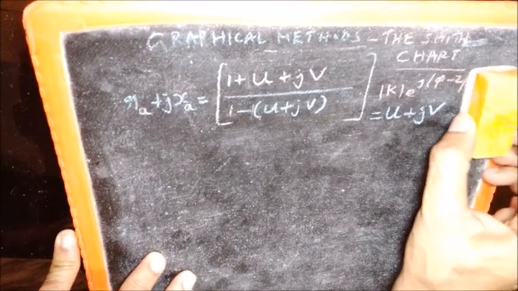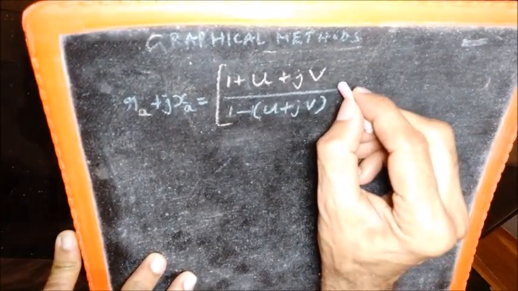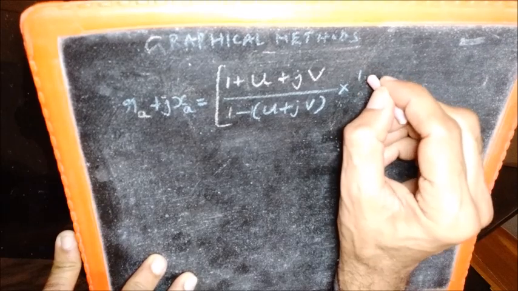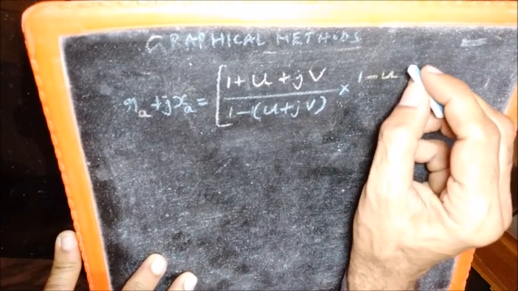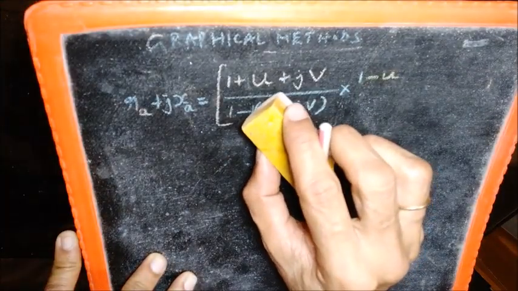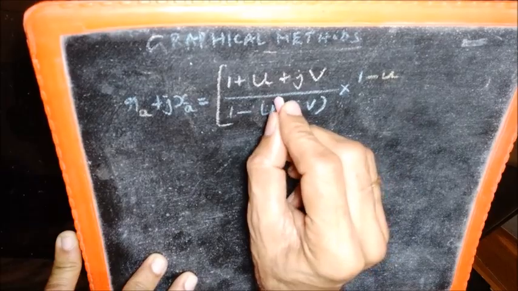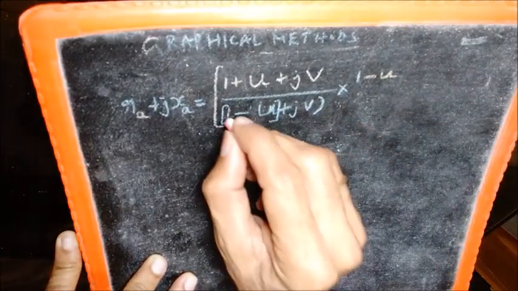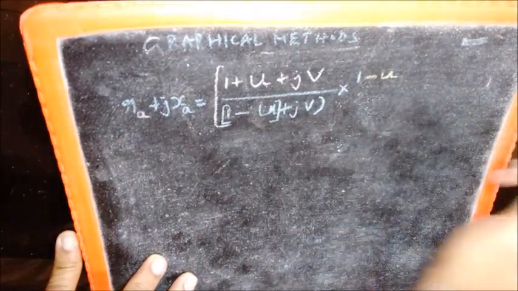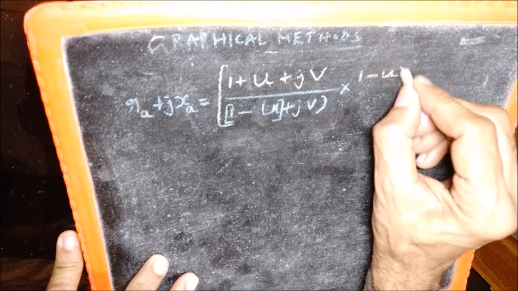And we can multiply with 1 minus U. Maybe it is easier if you write it like this, just for convenience. It will be familiar if you write like this, because we can easily separate real and imaginary parts.